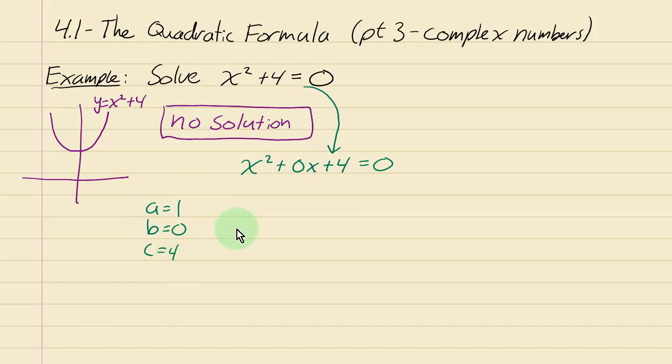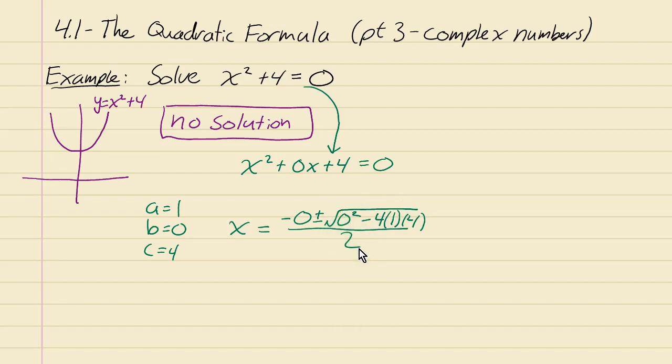Plug it into the quadratic formula. We're going to have x equals negative 0 plus or minus the square root of b squared, 0 squared, minus 4 times 1 times 4. So it's b squared minus 4ac there. All divided by 2a, which is 2.